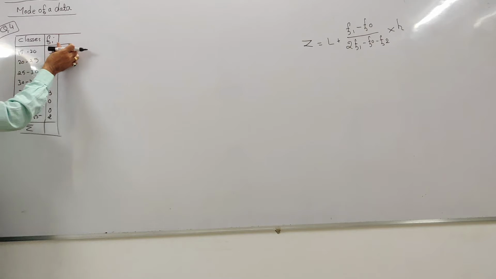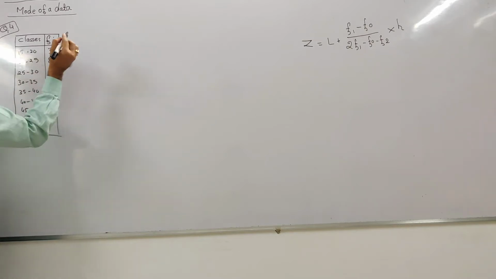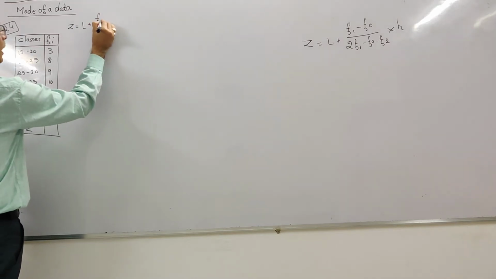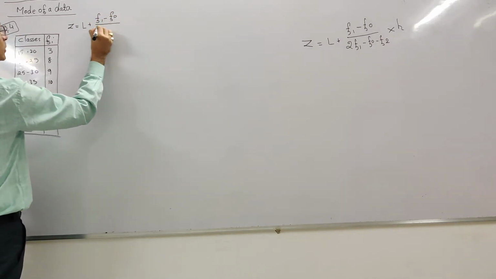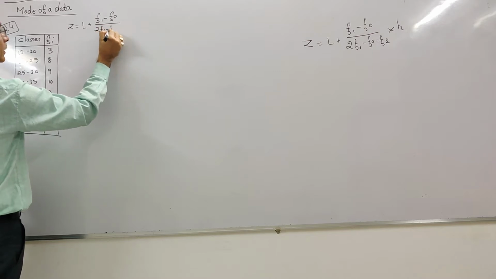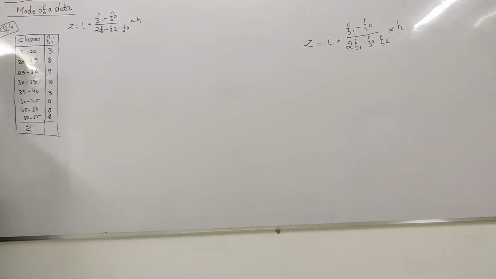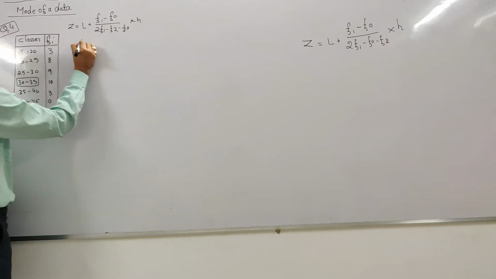Now the formula to find Z is L plus (F1 minus F0) upon (2F1 minus F2 minus F0) into H. You know how to find L. The class against the highest frequency is known as the modal class. Here the highest frequency is 10, and that's why 30 to 35 is your modal class.